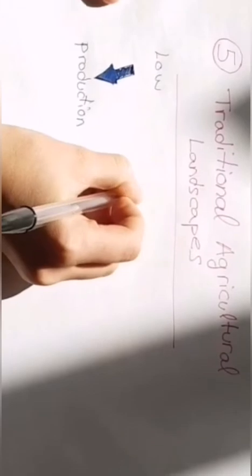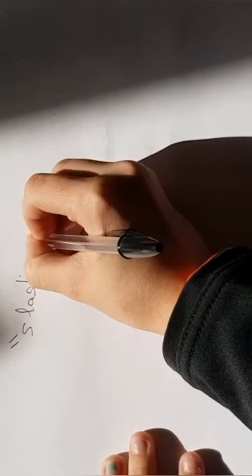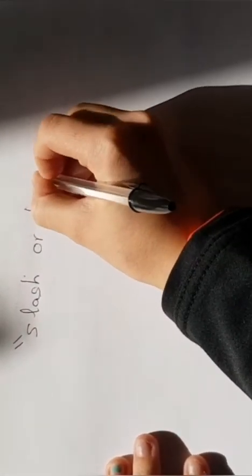5. Traditional agricultural landscape. It's characterized by primitive technology, polyculture, low production, and high labor. Slash and burn: at the location of crops, first they have to clear the forest, cut the trees, later the trees are burned, and the ashes fertilize the soil.